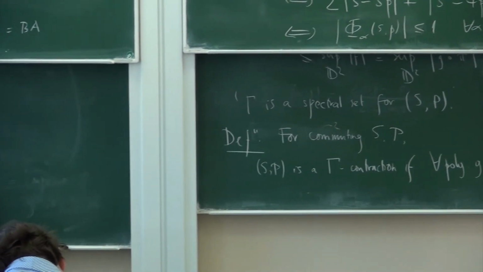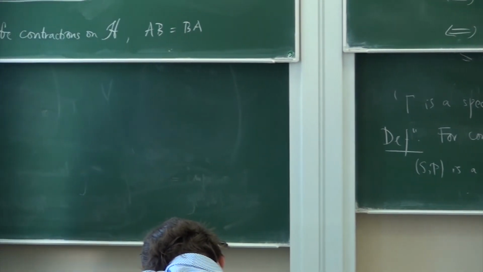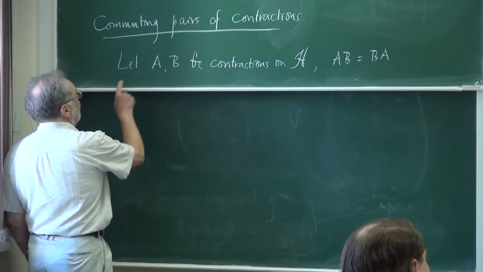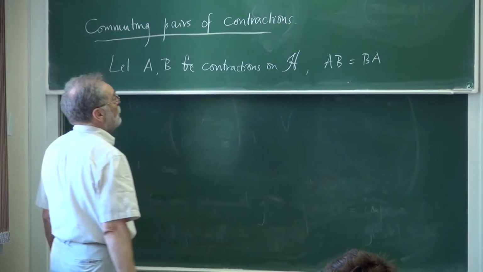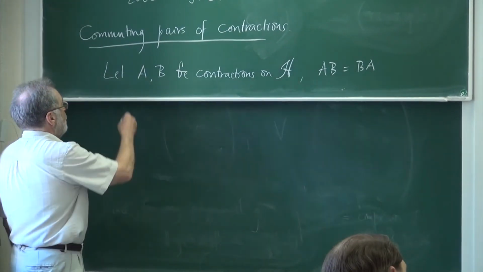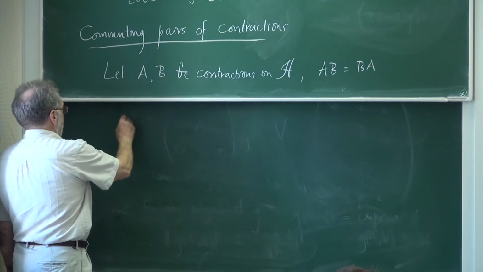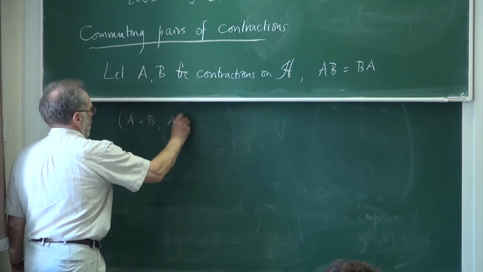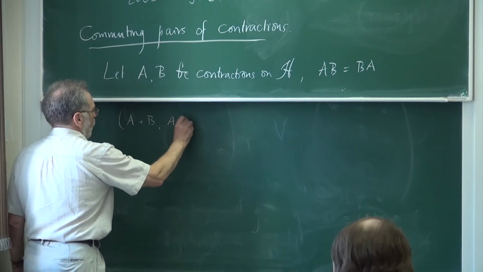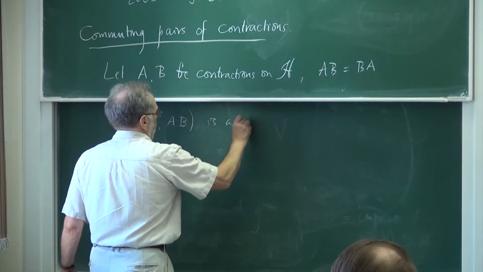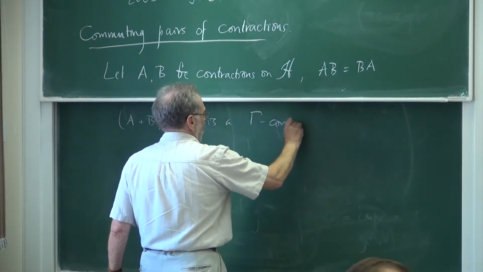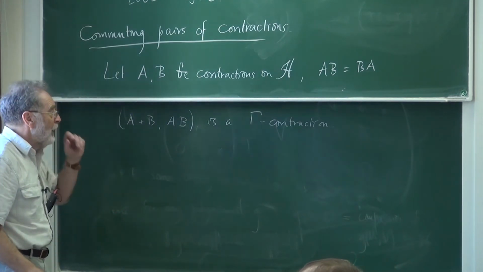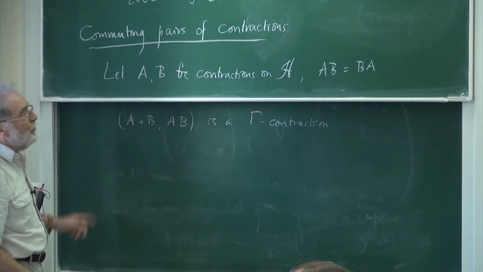It's a commuting pair of operators for which gamma is a spectral set. And we've just seen that if A and B are contractions which commute, then their symmetrization, A plus B, AB, is a gamma contraction, as follows from Ando's theorem, as I indicated.